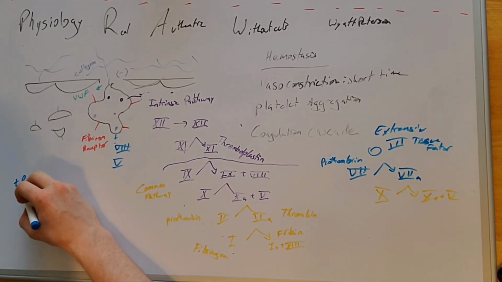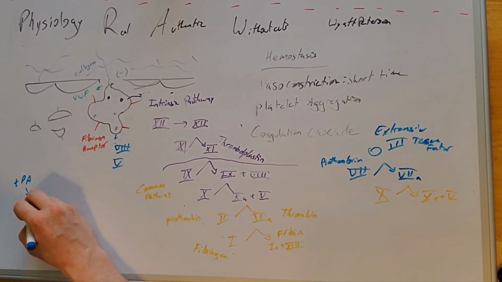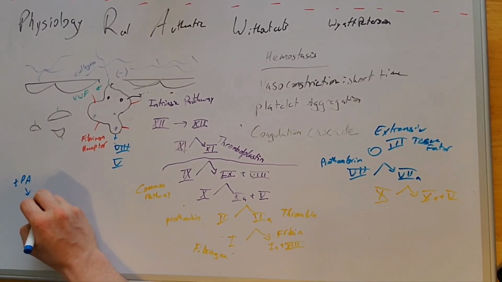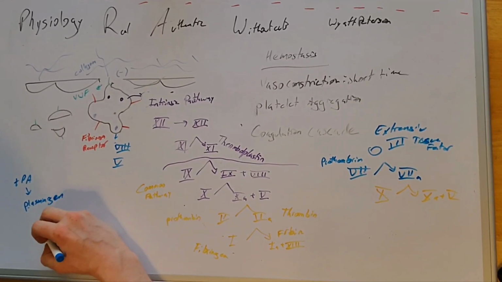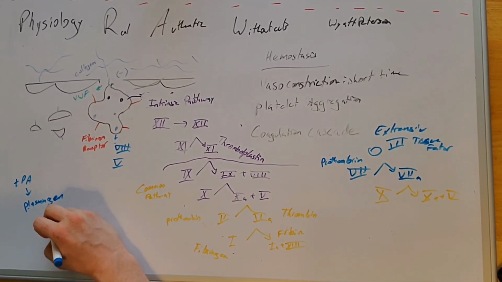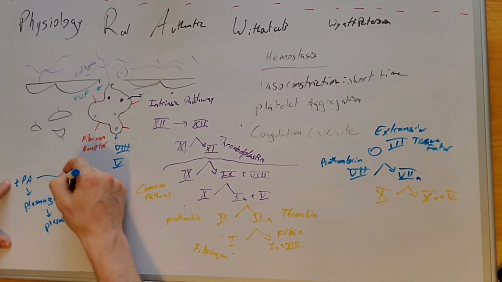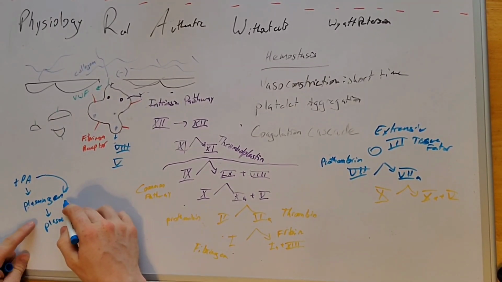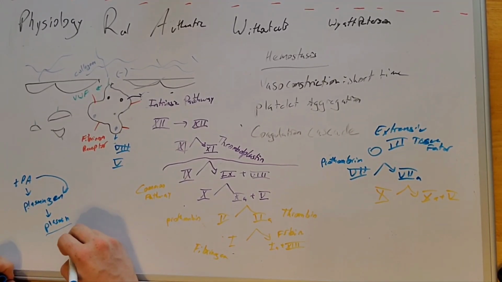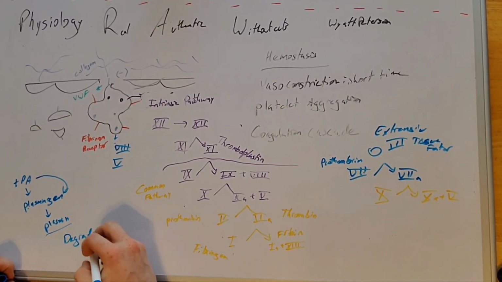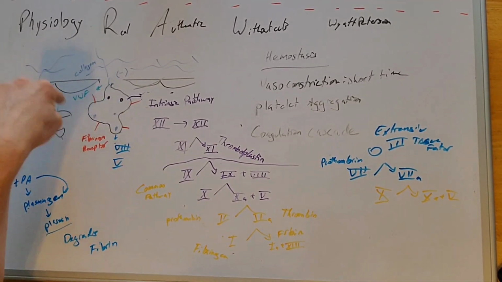So TPA is an activator of, what is it, plasminogen, and then plasmin. Okay, so this will activate plasminogen, which turns into plasmin, which degrades fibrin.